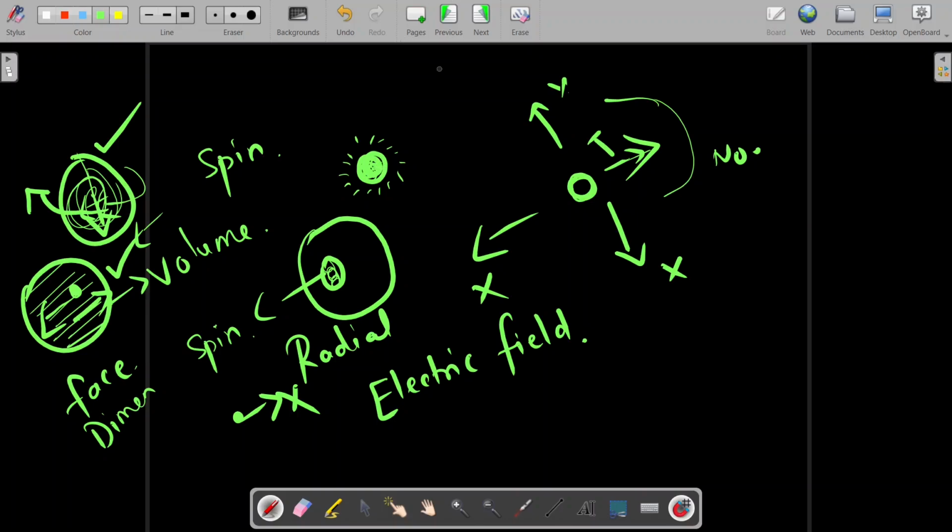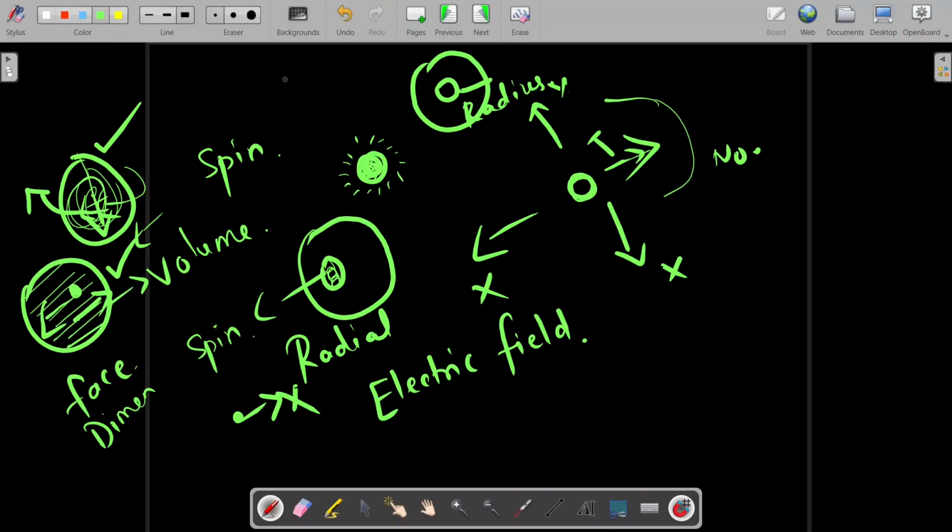By that, the electric field around the electron also spins. Here, the electric field has volume and radius. It is spread across the electron in a radial path, right? So this electric field spins.